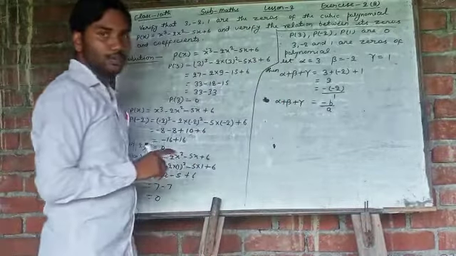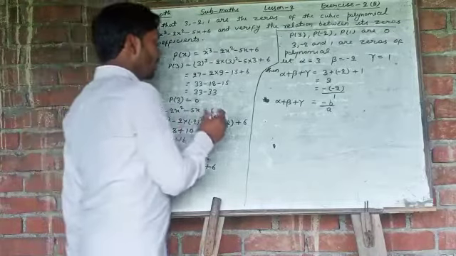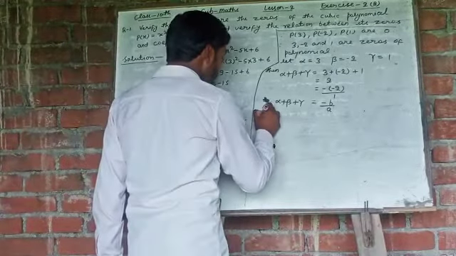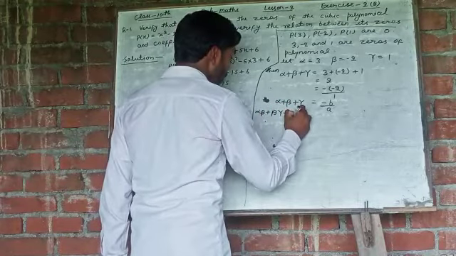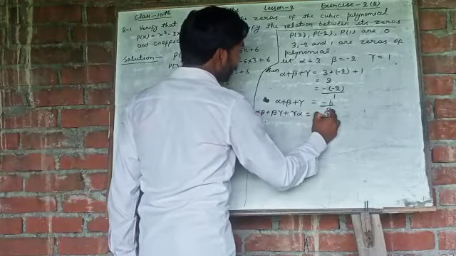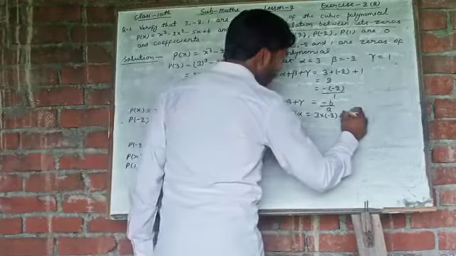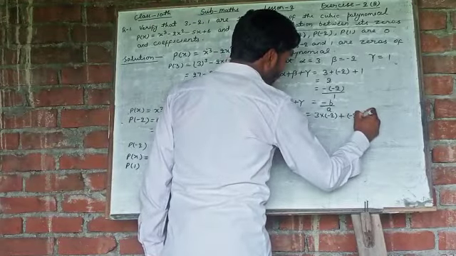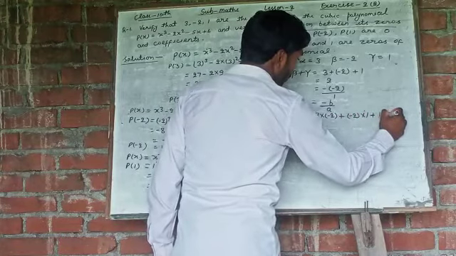And this relationship I have already told you in the previous video. Again, alpha beta + beta gamma + gamma alpha. Alpha beta means 3 into -2, plus beta gamma, -2 into 1, and gamma alpha means 1 into 3.